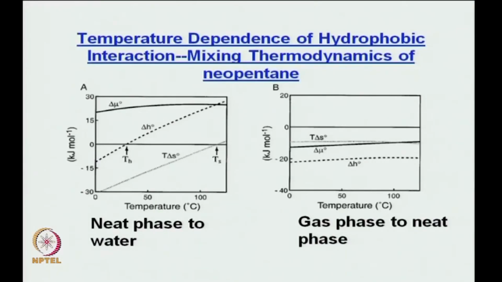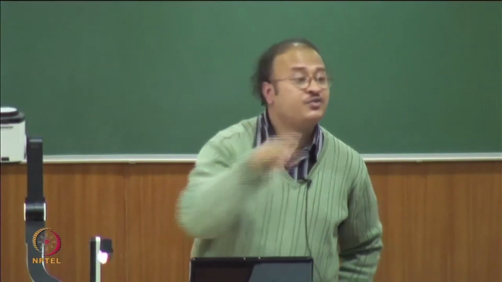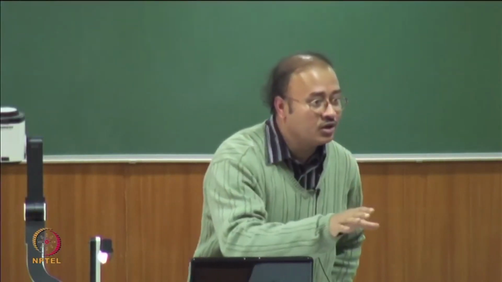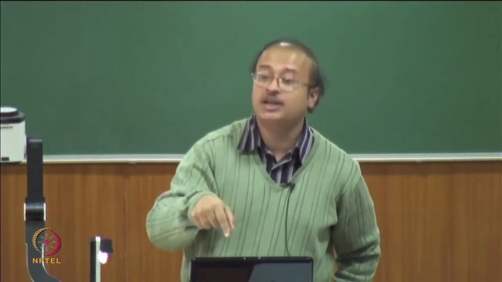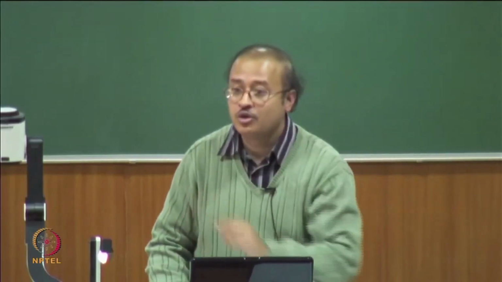Not only that, see both T delta S 0 and delta H 0, these lines, they have slopes, they have certain curvatures, but is the slope as evident as the one you see in the left figure? No. What does it mean? It means that the change in heat capacity in case of taking neopentane from gas phase to neat neopentane is very small, as compared to the same change in heat capacity when you take neopentane from neat neopentane to water.